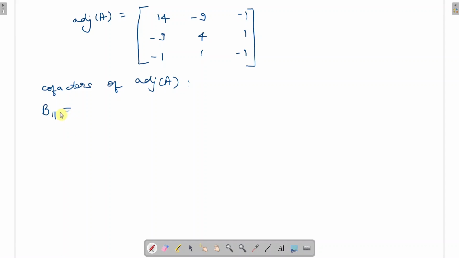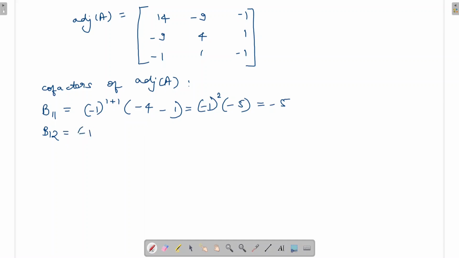Suffix. So B11, so minus 1 raised to 1 plus 1 times minus 4 minus 1, then minus 1 raised to 2 times minus 5, which is nothing but minus 5. Then B12, so minus 1 raised to 1 plus 2, minus 9 is 9, and plus 1, minus 1 raised to 3 into 10, which is nothing but minus 10.